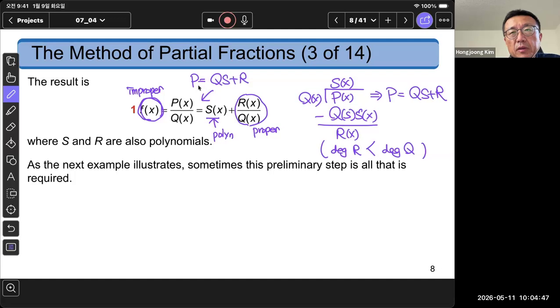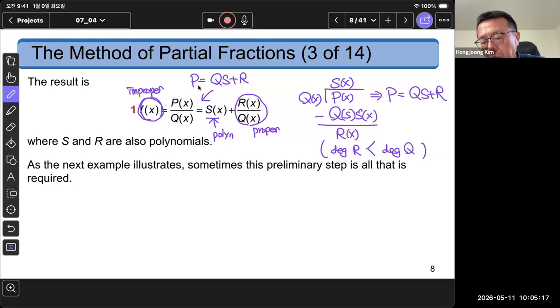So I can always assume that the given rational function is proper, and then we will develop some techniques to consider the integration of proper rational function, because as I showed here, if you have an improper rational function, then I can always convert it into the sum of a polynomial and a proper rational function, and a polynomial can be easily integrated.